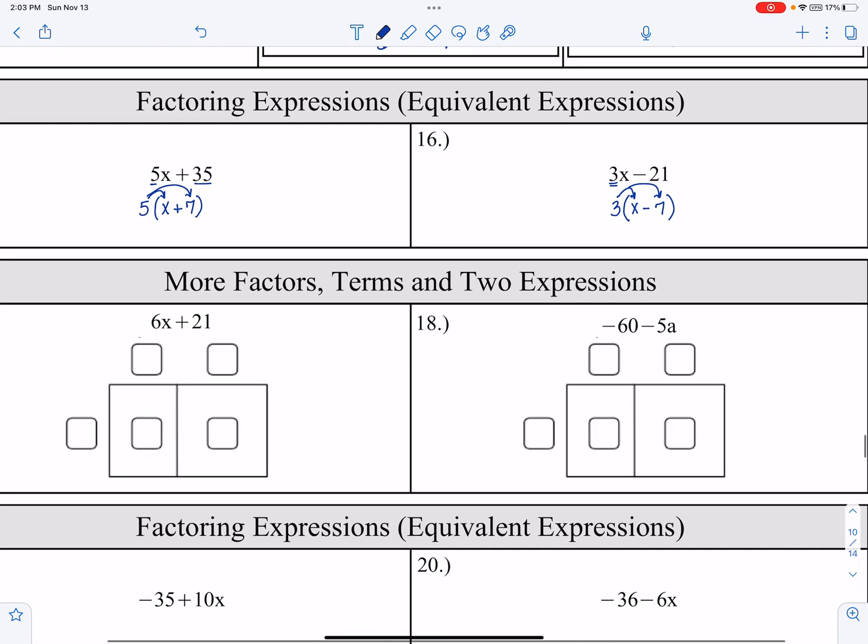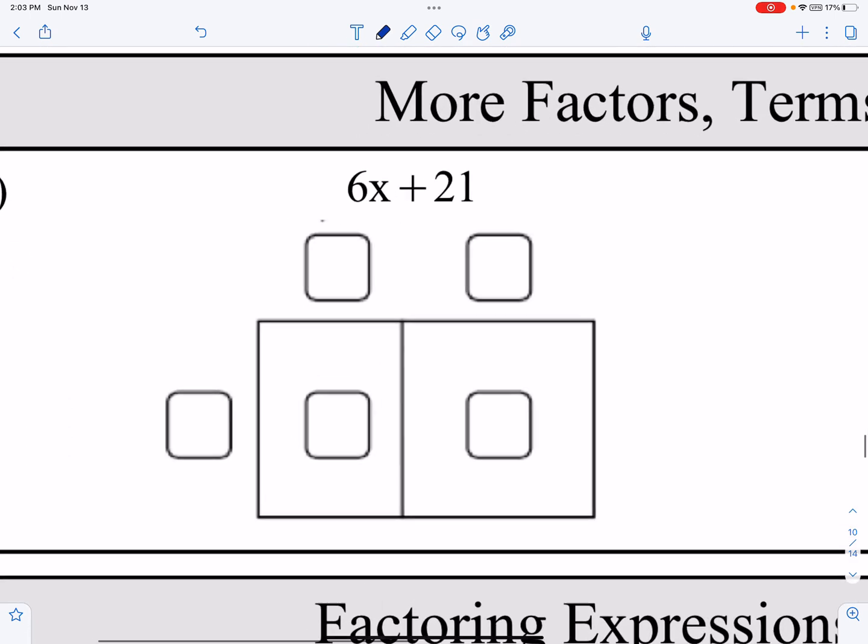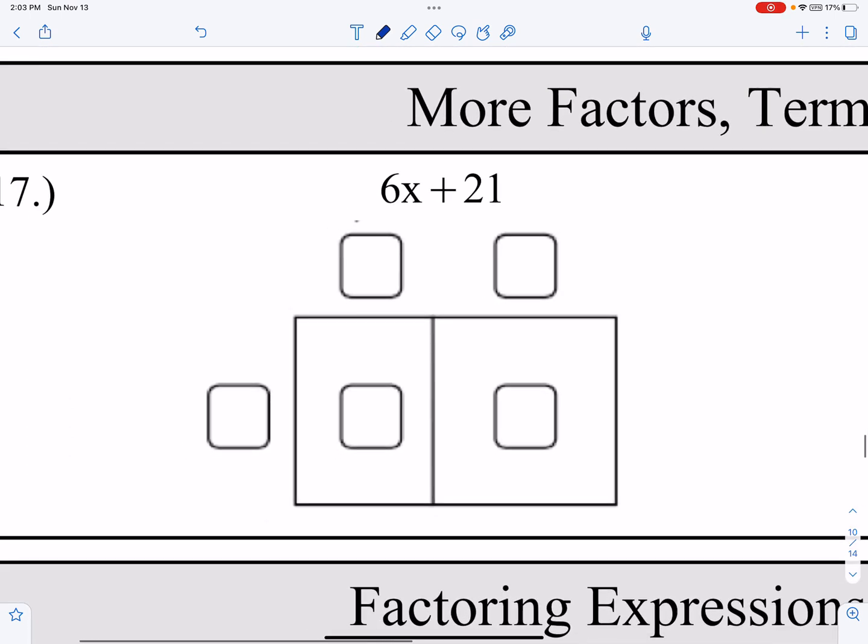It doesn't always work so easily like that. Sometimes you really do have to think about the greatest common factor of both. So let's look at some of those scenarios right now. We have a 6x plus a 21. In this space, I have my 6x plus the 21. That's my area.